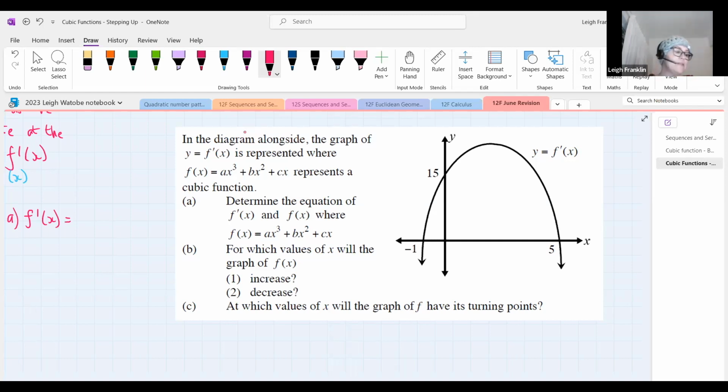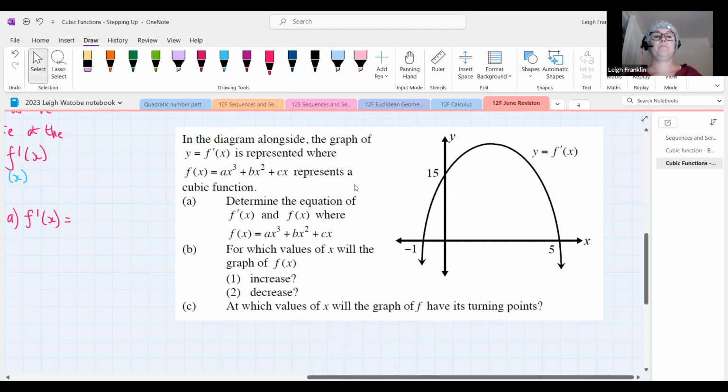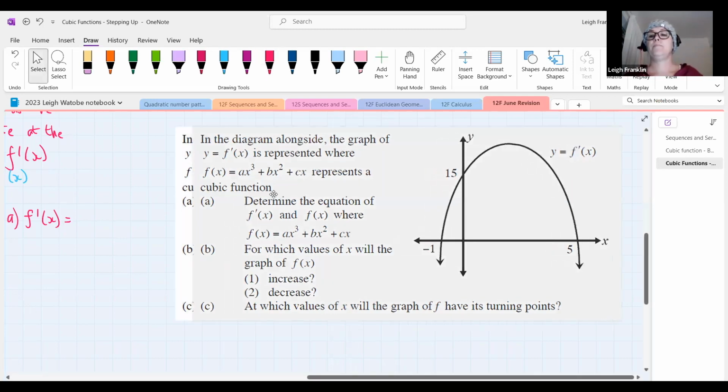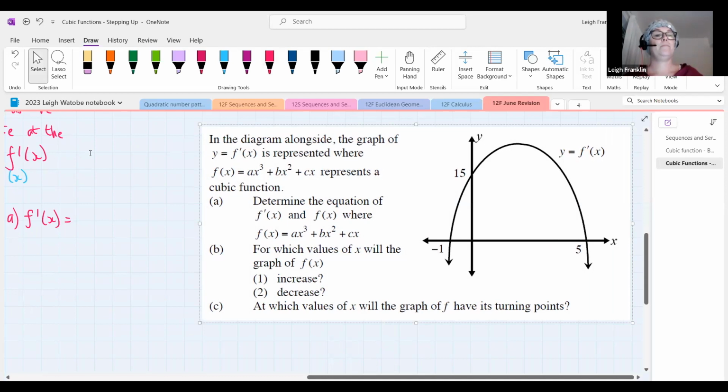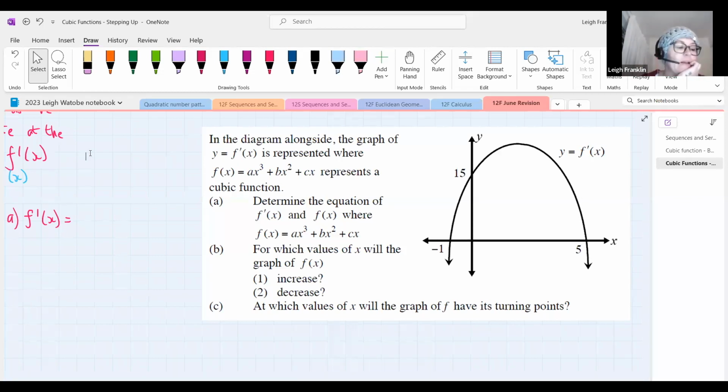If you do make a mistake, it's a good thing because then you can figure out where you've gone wrong, which helps all of us. Don't be shy. What did you get for f prime x? Nhlanhla, do you want to share your answer? What did you get for f prime x, Nhlanhla?